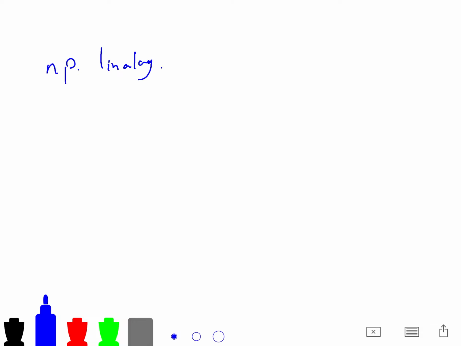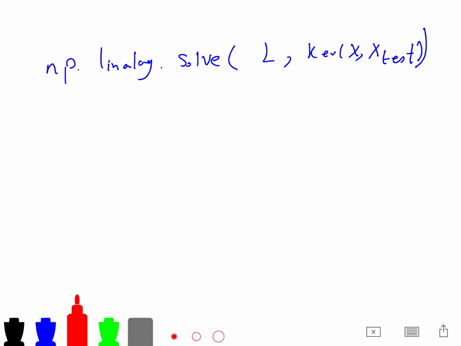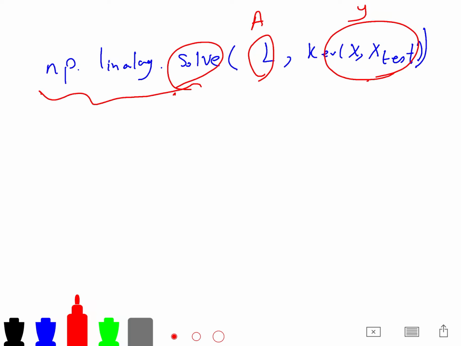If you write numpy.linalg.solve, for example with L and kernel of x and x of tests, this means that if you have two inputs, for example, this is A and this is Y, using this NumPy function, the solve method, from the NumPy linear algebra library, you can say that we are solving Ax = y.